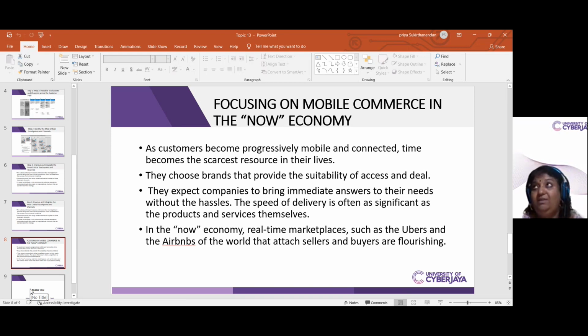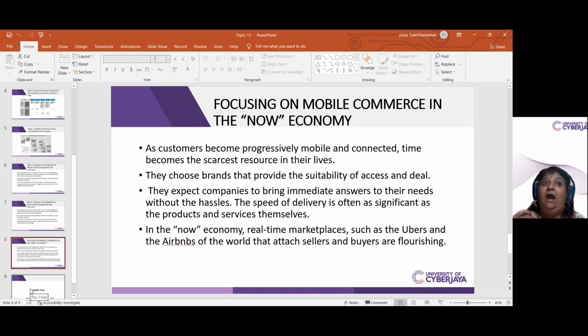So it is very, very important that in order for you to be relevant, you must have immediate access to your customers. Okay, so the now economy, which is very much in place today, companies like Ubers and Airbnbs are flourishing because they are very much present in the now.